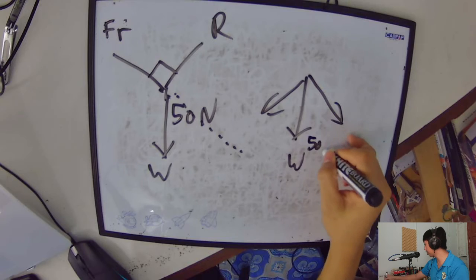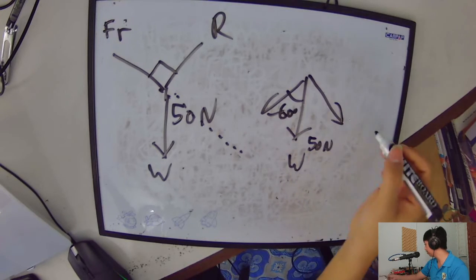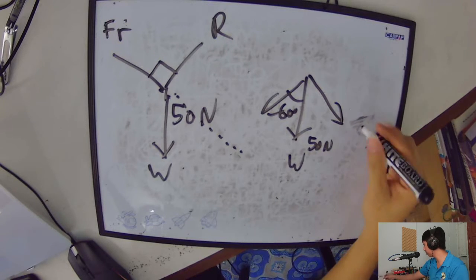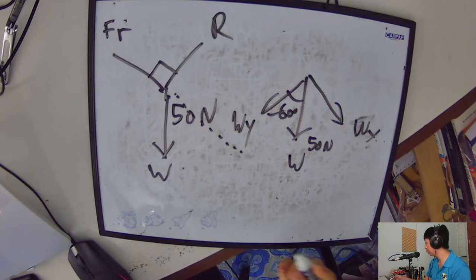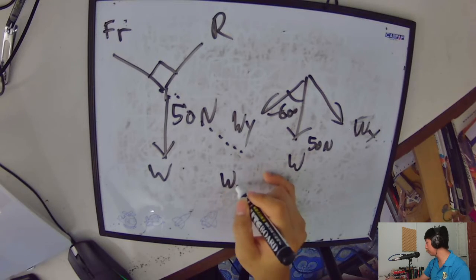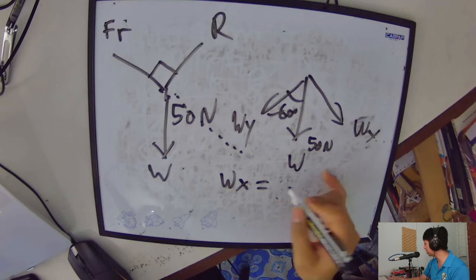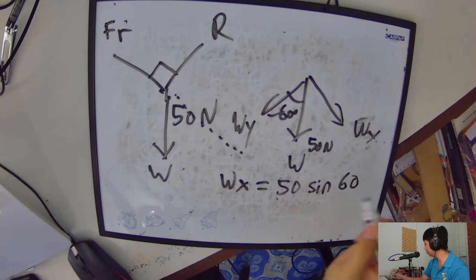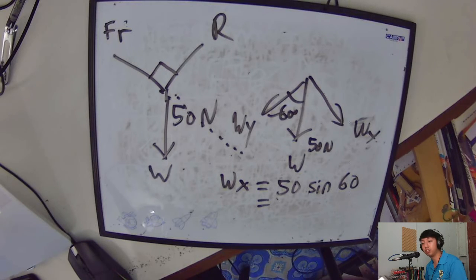So 50 newtons. We have the angle here being 60, and we have Wx and Wy. Very basic, we've done this before. Wx equals, this time we'll be using sin, 50 sin 60 degrees, which is, where was I?